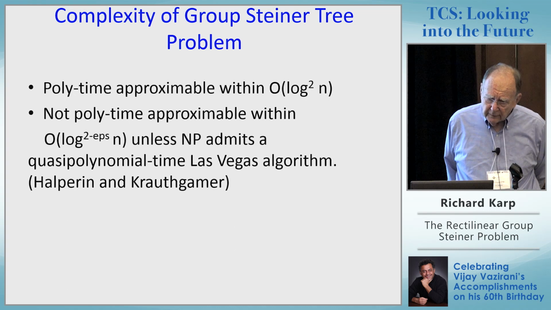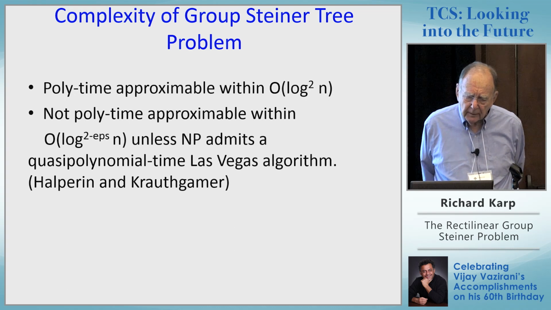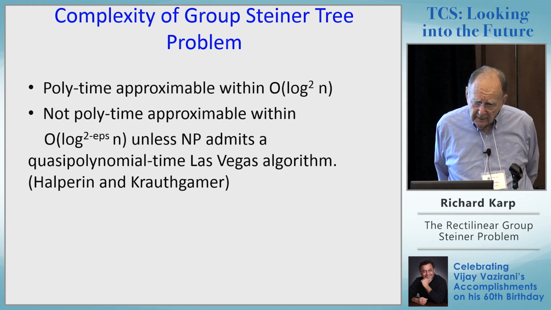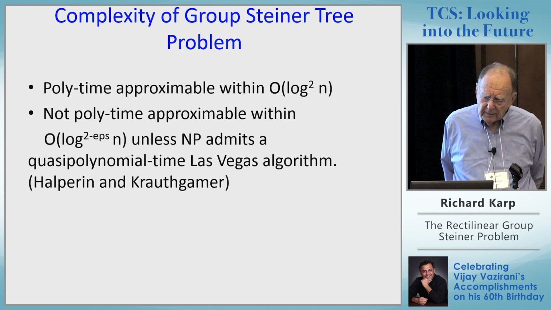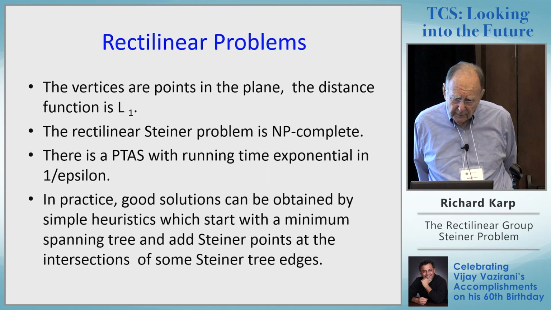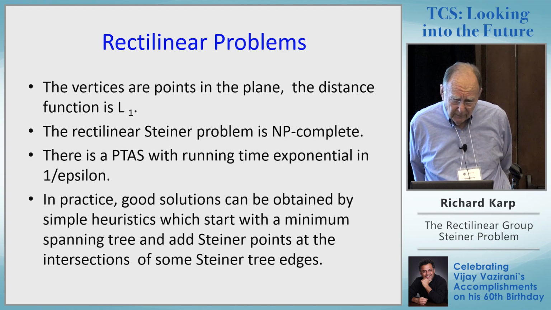I'm going to concern myself in this talk with rectilinear problems where the vertices are points in the plane and the distance is just the Manhattan distance. It's known to be NP complete. There's a polynomial time approximation scheme with running time exponential in 1 over the approximation ratio, the degree of approximation. So in fact, this PTAS is not really usable in practice because of the very severe dependence on epsilon.